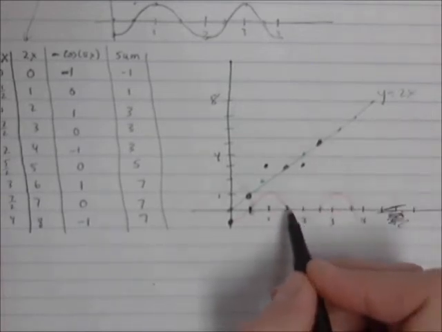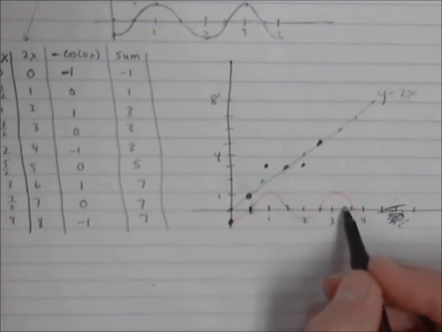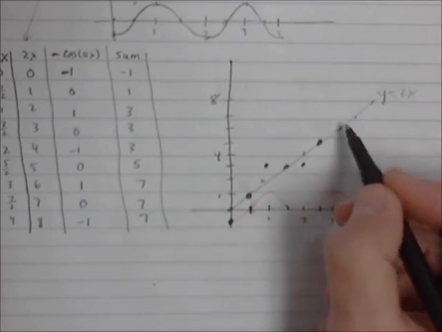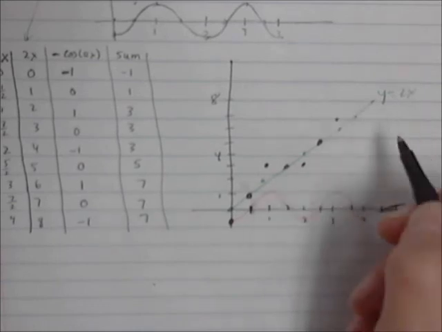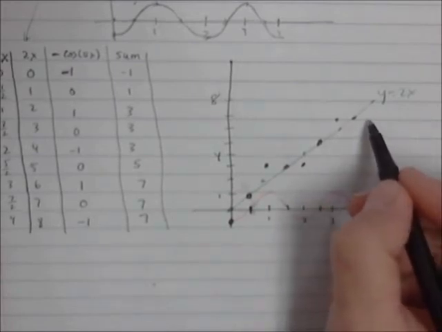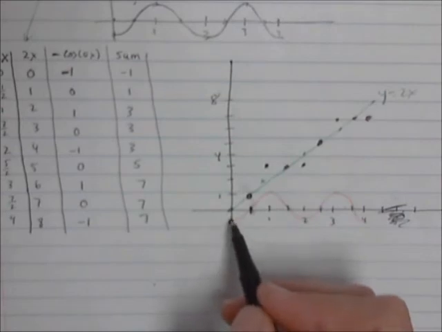You notice that all the x-intercepts here are going to be exactly on the green curve. 3, 7. 7/2, 7. And 4, 7.